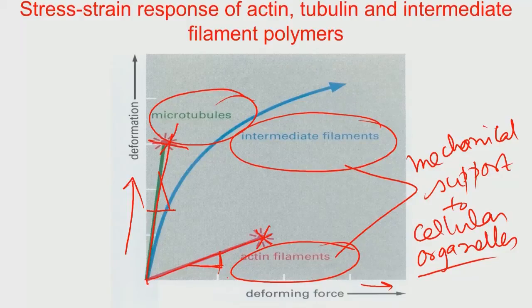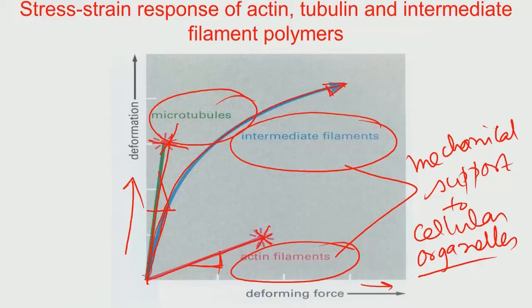The second point that must attract your attention is the way intermediate filaments behave during deformation under force. You see that there is a very small linear region followed by a largely non-linear region leading to fracture.